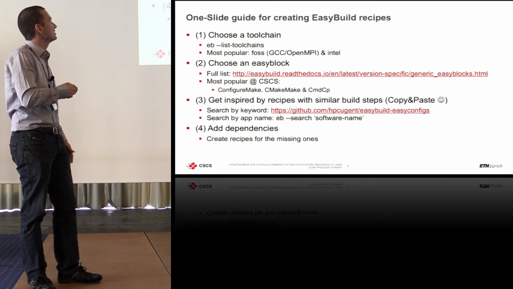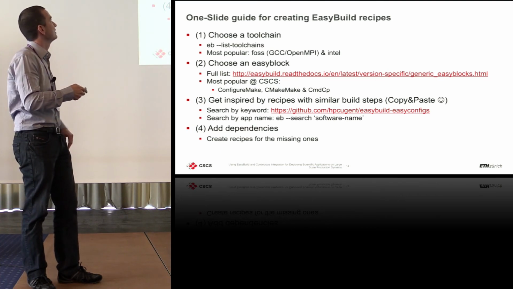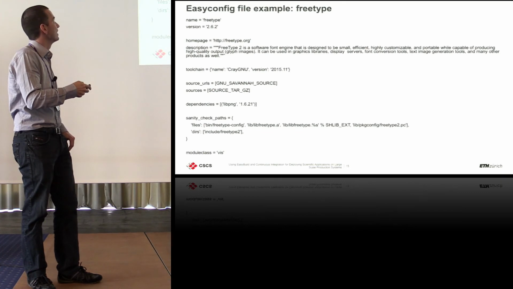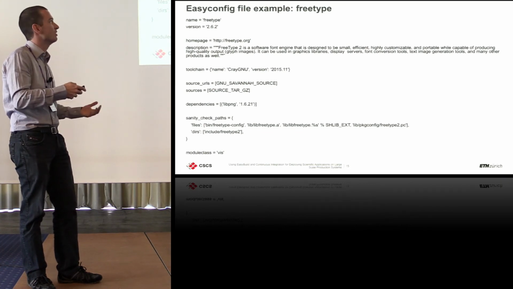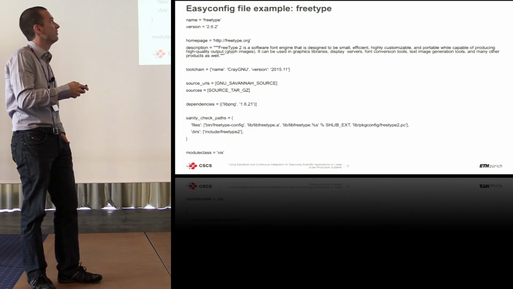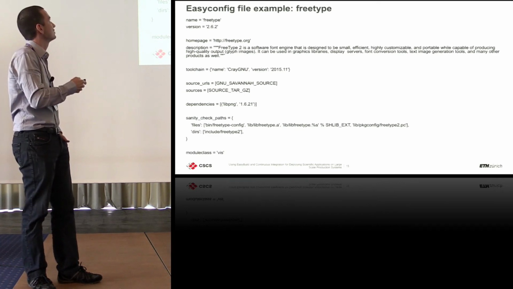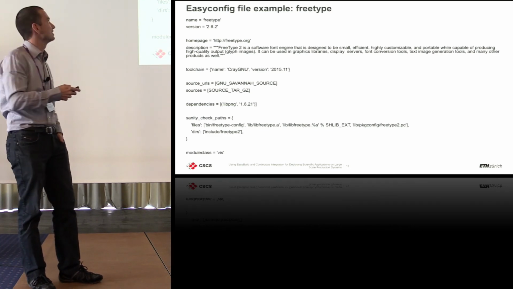And finally, you just add the dependencies to this recipe. So this is like one slide. Of course, the framework has many options. The help screen is too long to fit on the screen, so you have more options. This is just to explain how we work at CSCS.